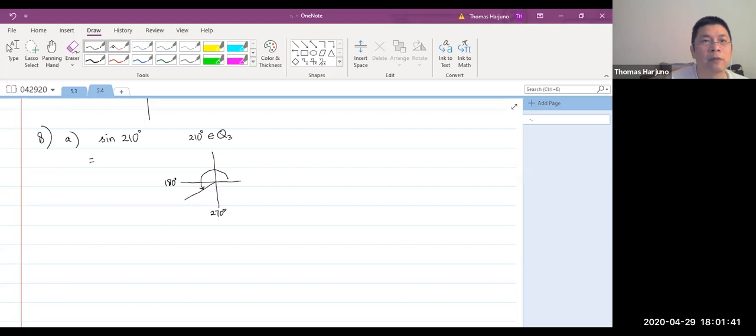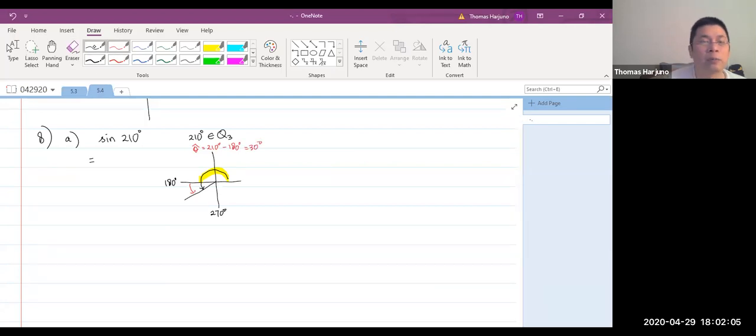And how about the reference angle? The reference angle must be this part here, which is the original angle subtracted by 180 degrees. So the reference angle is 210 degrees minus 180 degrees. That's 30 degrees.